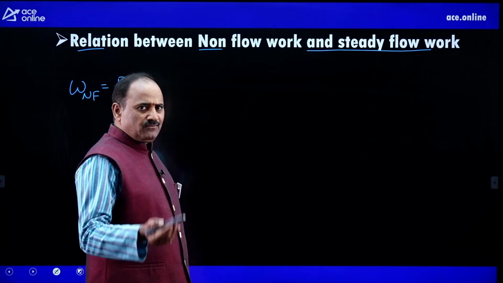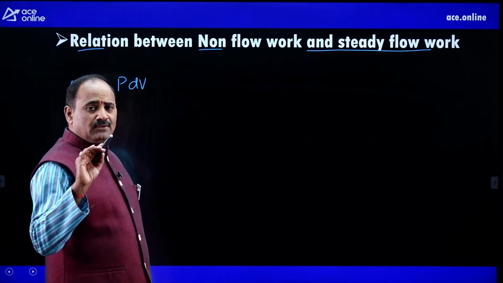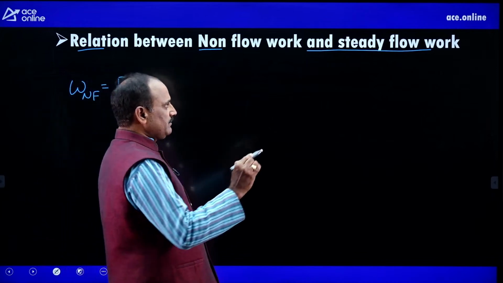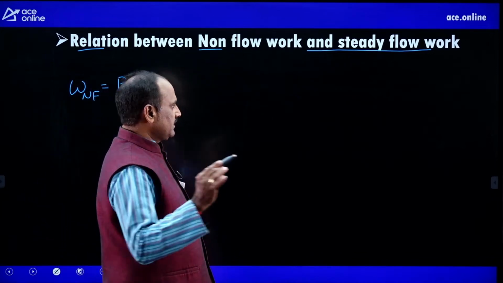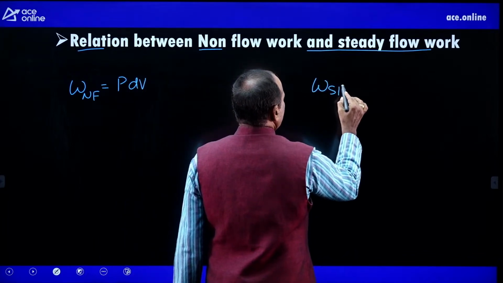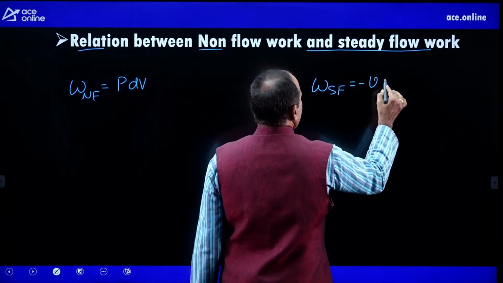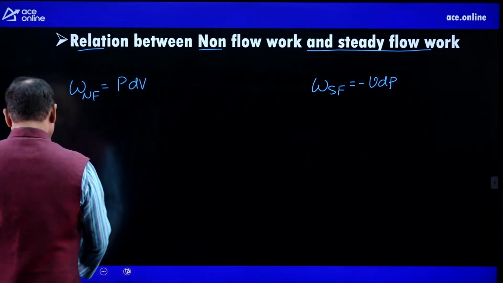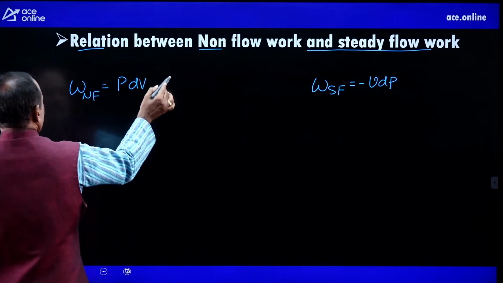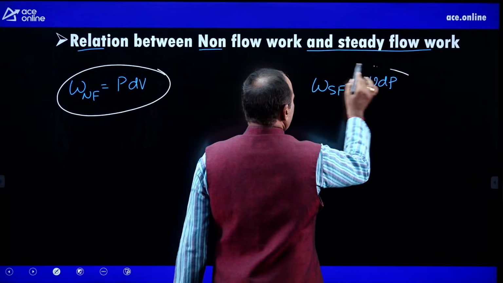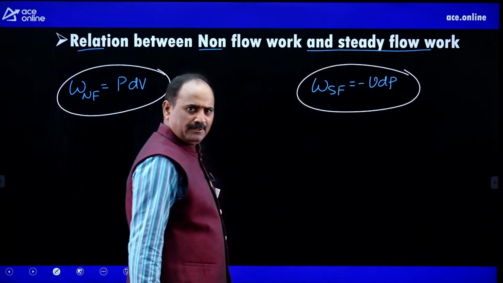Whatever work interaction formula we decide for an open system, particularly for a steady flow system, is called steady flow work. Dear friends, remember the steady flow work is equal to minus VdP. Non-flow work is PdV, whereas the steady flow work is minus VdP.